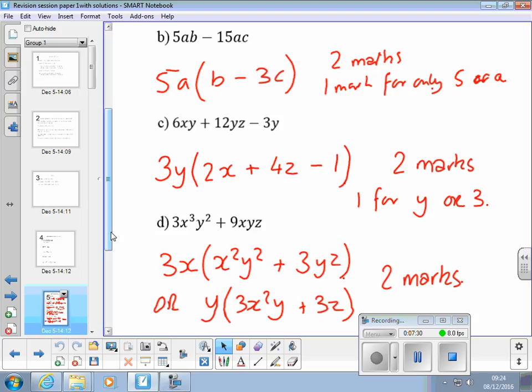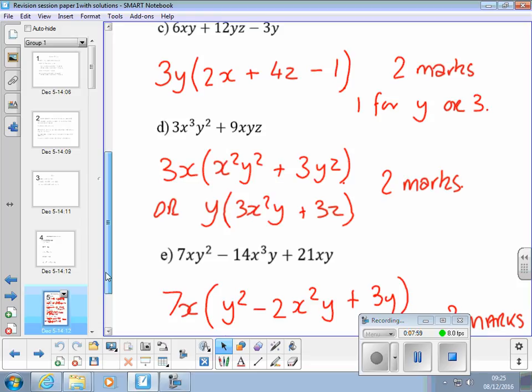Where's the x in the minus 3y? So that's 2 marks if you got that. 1 mark if you've only taken 3 out of it, or you've only taken y out.